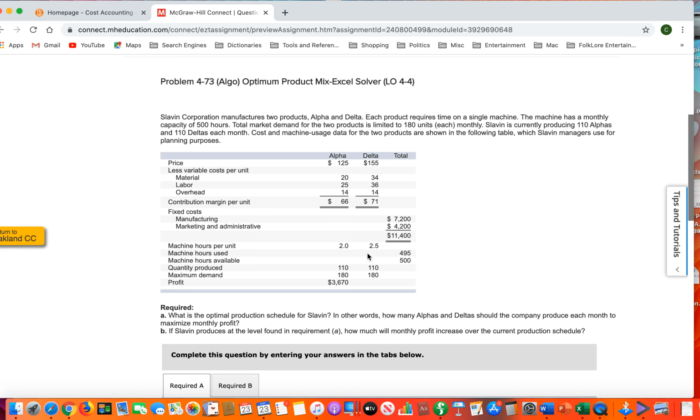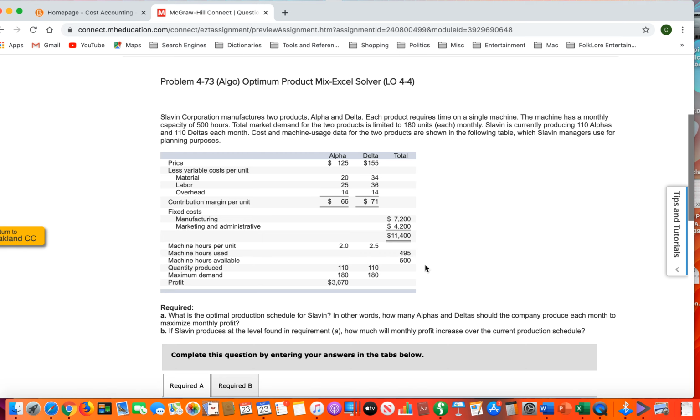or $28.40. So Alpha has a higher contribution margin per machine hour. And therefore, you should produce as many of these as you can, Alpha, and then the rest will be Delta.